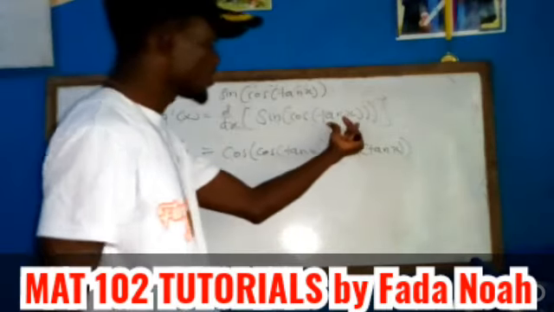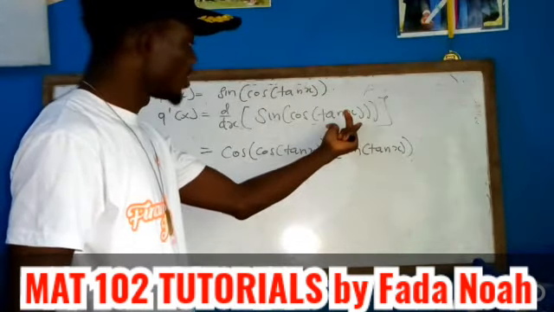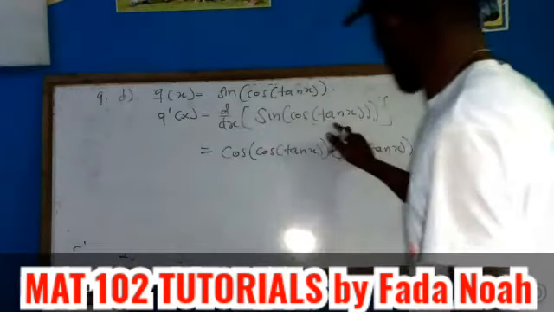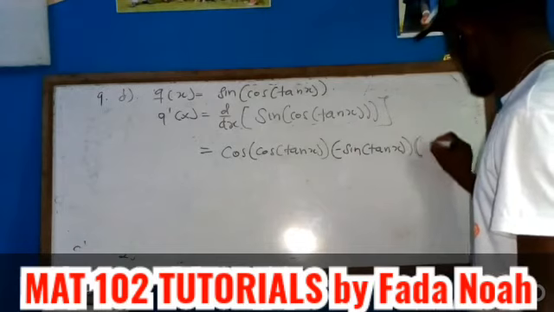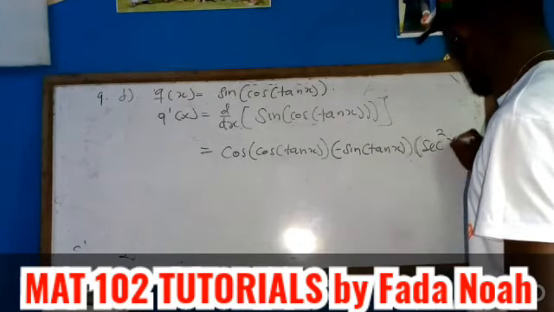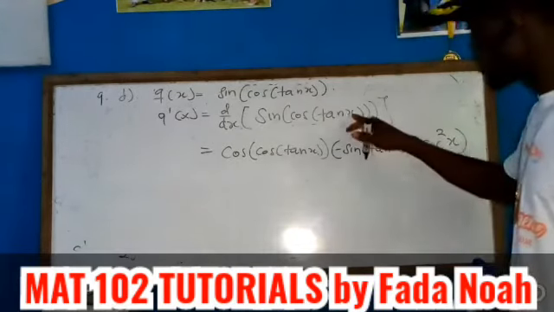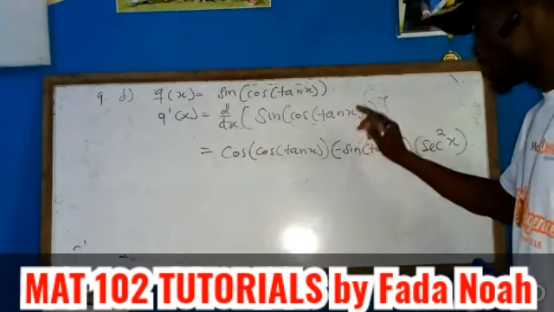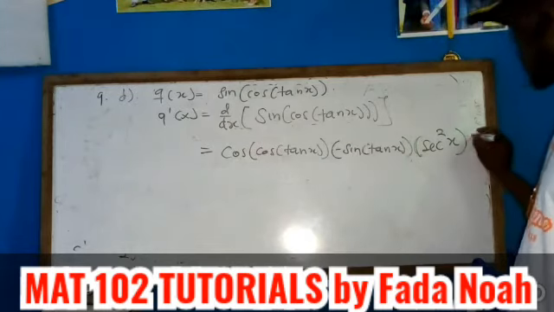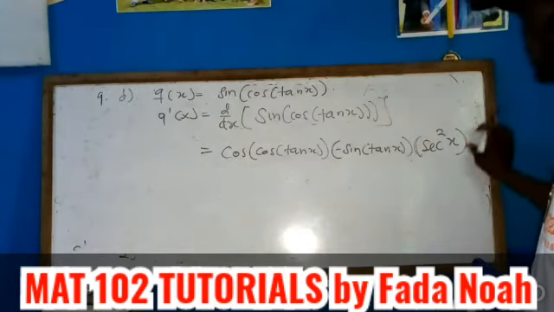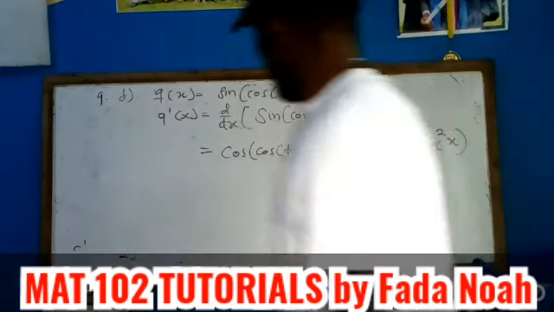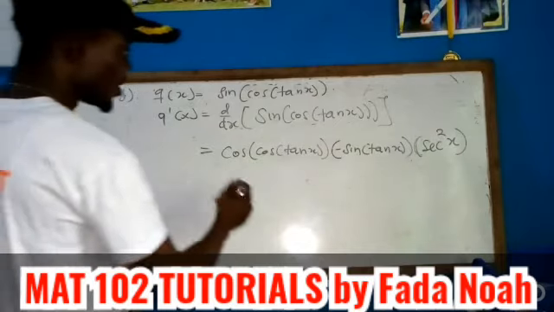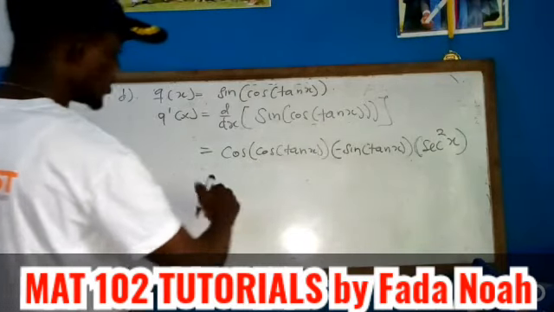Then again times the derivative of the function inside the cos. So the derivative of the tan x here will give us what? Sec squared x. And the function inside the tan is x, so the derivative of x here is 1. So actually, there's no need for us to write the 1. Okay, so looking at it, you can bring the negative out.